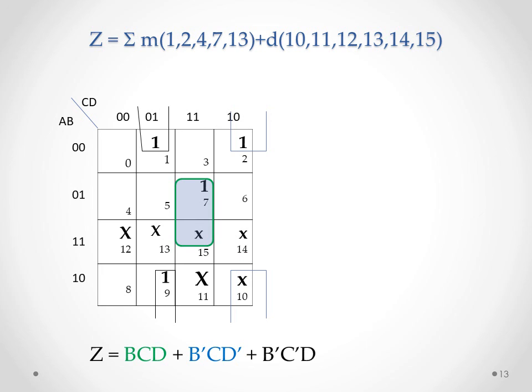So three 2-cell groupings are possible here. Now we write the expressions. The common term between these two cells is B bar C bar D. Then the common term between these two cells is B bar C D bar. And the common term between these two is B C D.